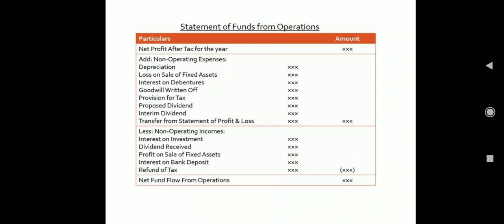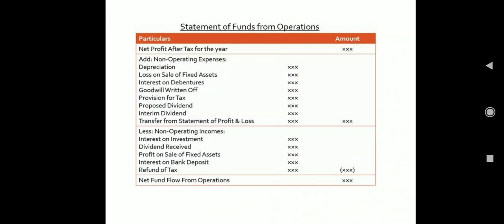So two things you have to understand here: one is non-cash and another is non-operating. Which items in the given question are in the nature of non-cash and which are in the nature of non-operating, all these items we have to adjust in the given net profit to calculate fund from business operation. Clear?